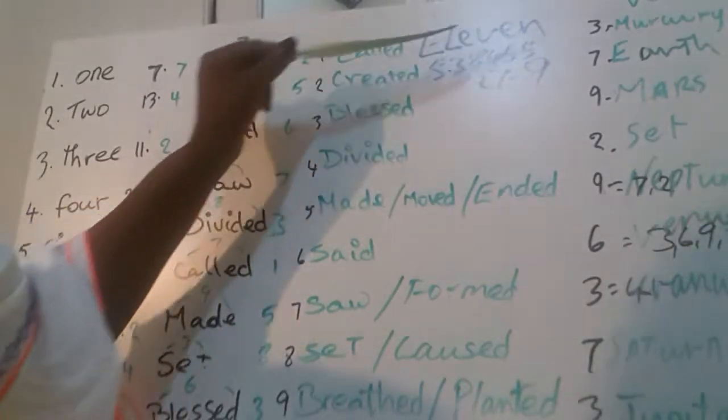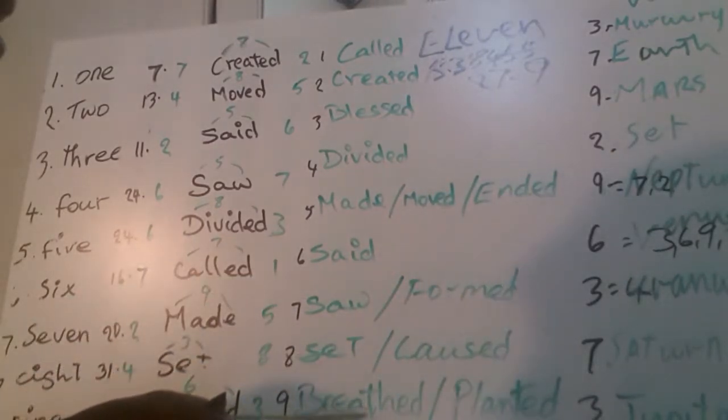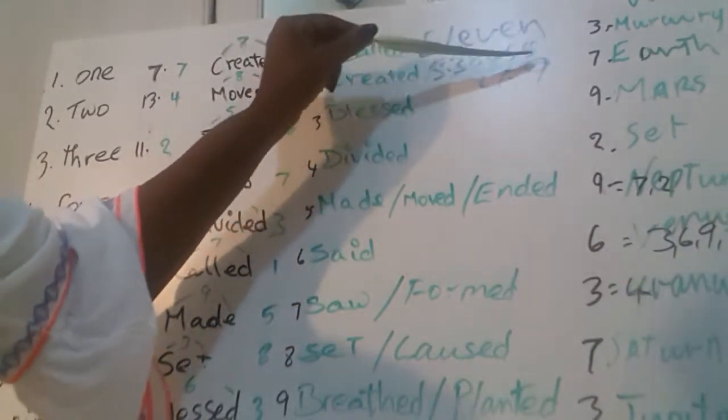So 9/11, we would think that there is a separate vibrational number attached with 11, but it would seem like 11 has the vibration to execute 9, as we can see right here. And of course, Mother Eve is in the middle here.